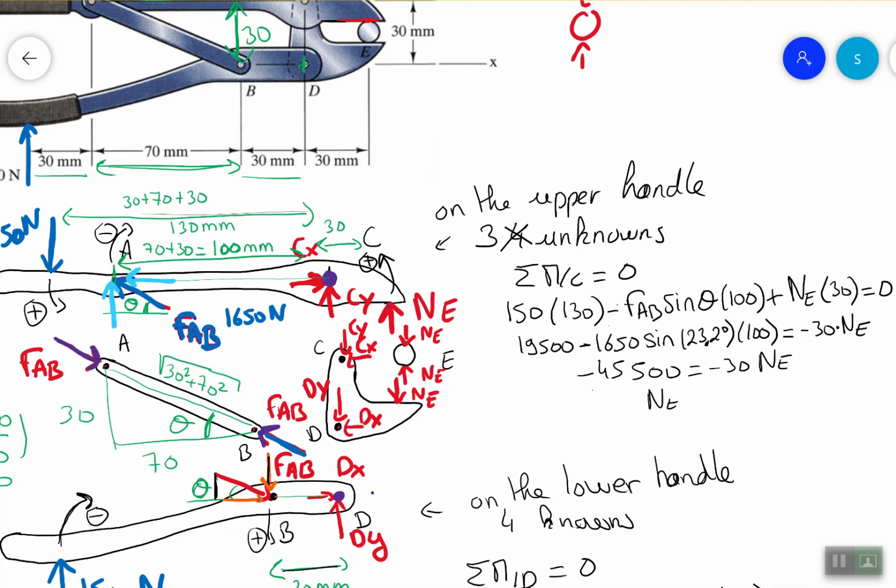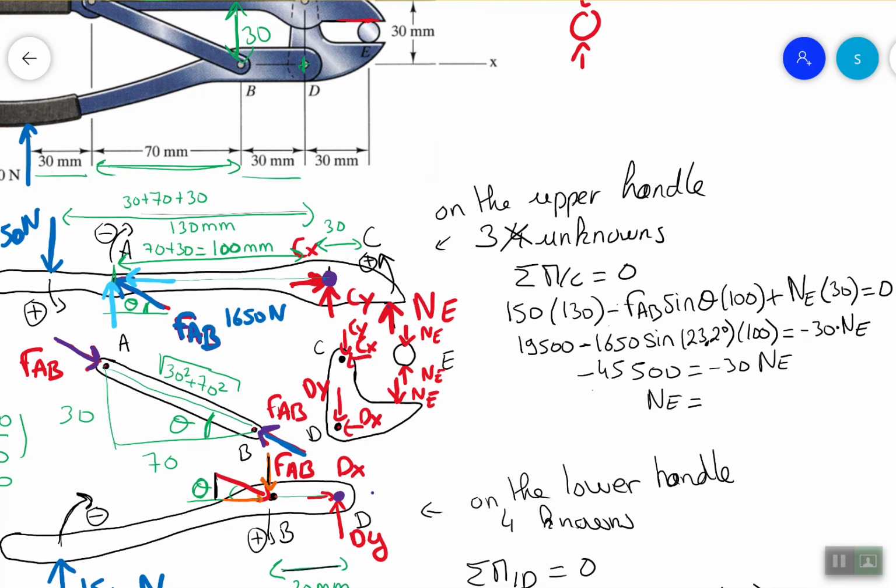So we found NE is equal to, and if you find a negative answer there, you made a mistake somewhere, or maybe you turned your force in the wrong direction. It's a normal force, so it can only be a force that is pushing on the surface. A normal force cannot pull on the surface.